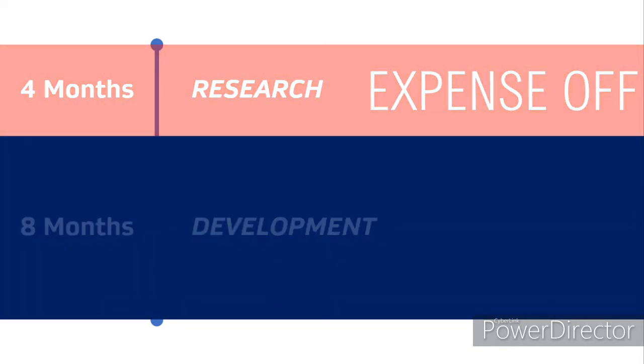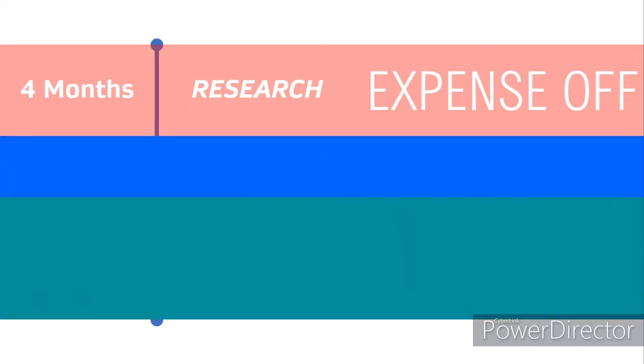In development, we need to divide it further into two parts. One is 3 months, the other one is 5 months. This is just an example. It can be 4 months to 4 months, it can be 6 months to 2 months. I'm giving you an example: 3 months and 5 months.